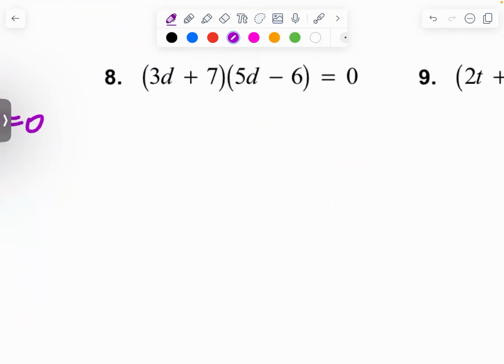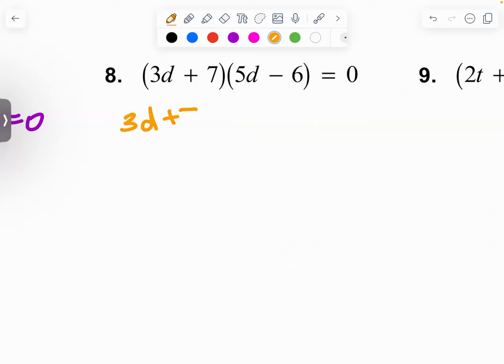Okay, now do not panic if you get rational answers. What do I mean by rational? I want you to keep them as fractions, but look at number 8. If we take 3D plus 7 equals 0 and 5D minus 6 equals 0, then what happens when we solve these?